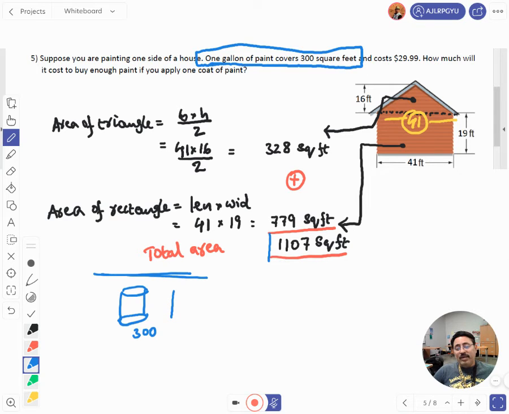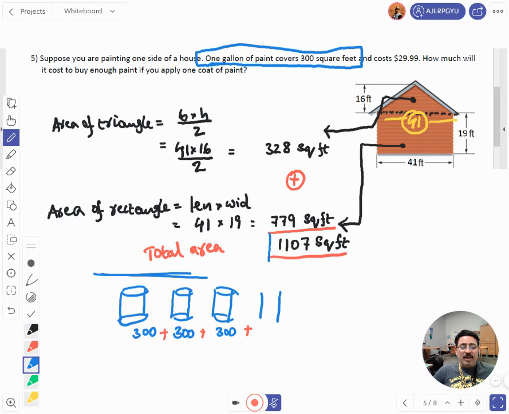In case I take two tins, my apologies, the shapes are really horrible, another 300. So 300 plus 300, that is 600. In case I buy a third, another 300, which is 900. I have to paint more than 900. So I have to go for a fourth tin.